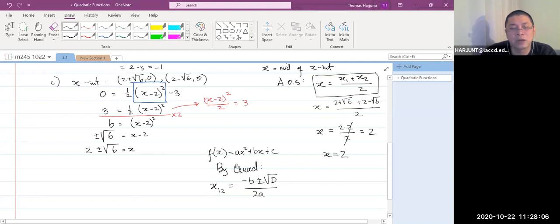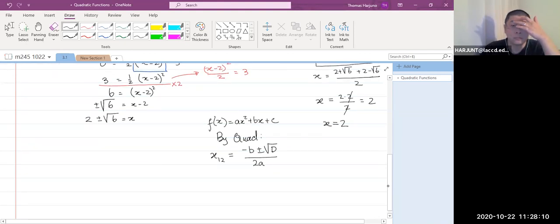We will see this later on in the next question. So if I play around, our x1 will be negative b plus square root of d over 2a, and my x2 equals negative b minus square root of d over 2a.